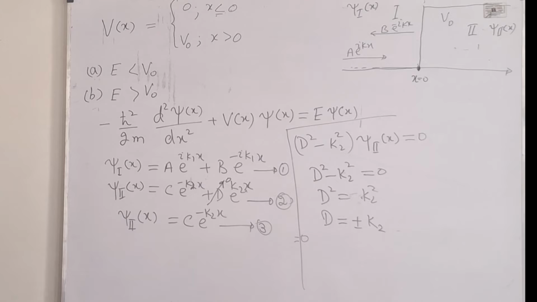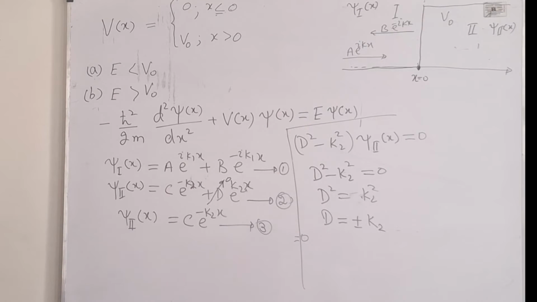We know from our previous knowledge that the wave function must be continuous at the boundary, and the derivative of the wave function must also be continuous at the boundaries. If you don't know about these conditions, I have a video on them, and you can watch it at the link in the description below.